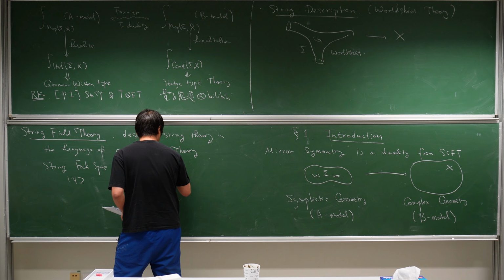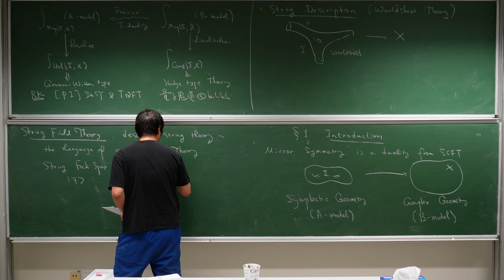And he discovered the following: closed string field theory is described by some action functional of string field, which has the following property. First, it contains infinitely many vertices satisfying some relations.